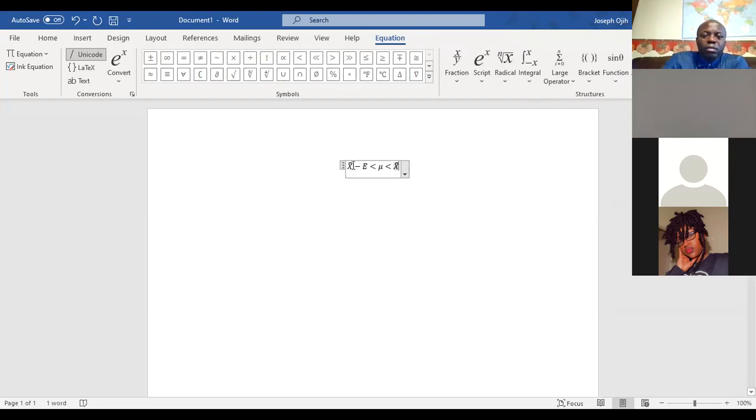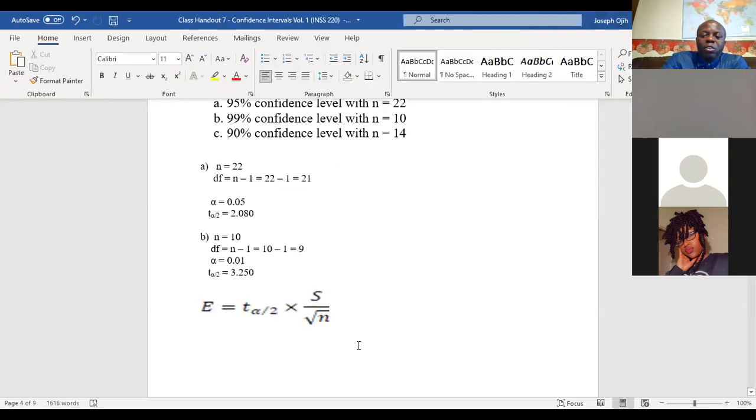Okay, so I'm going to copy this. Oh, excuse me, I need to put plus error here. So on the left side, you subtract the error, just like we did in the other example when the sample size is large and we know the population standard deviation.